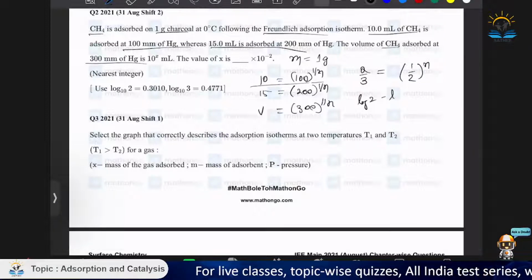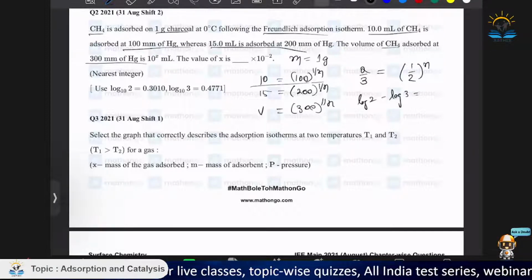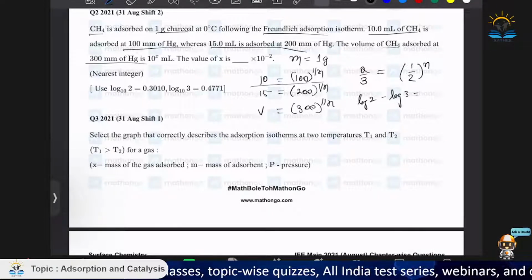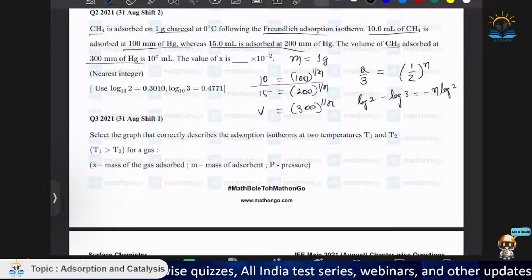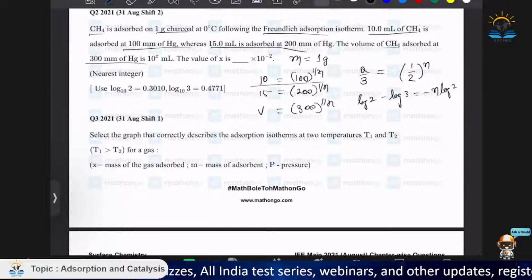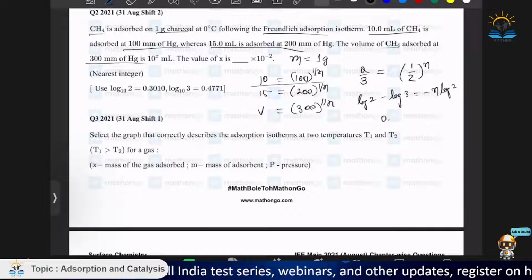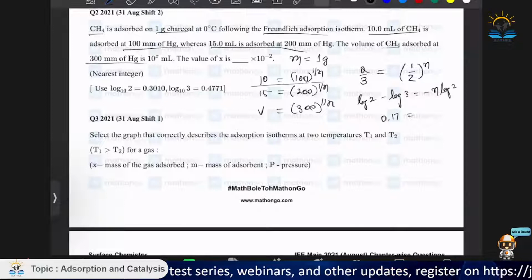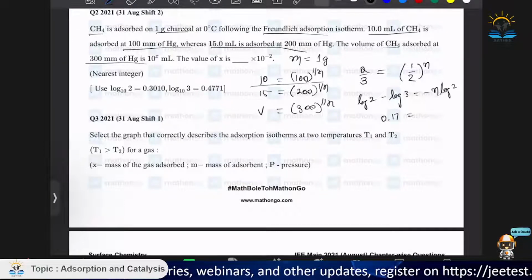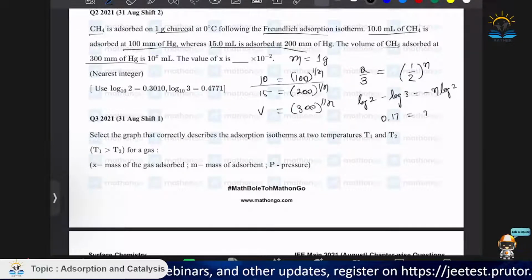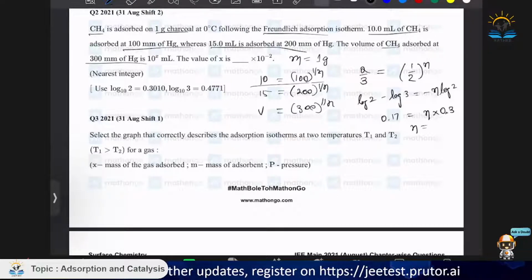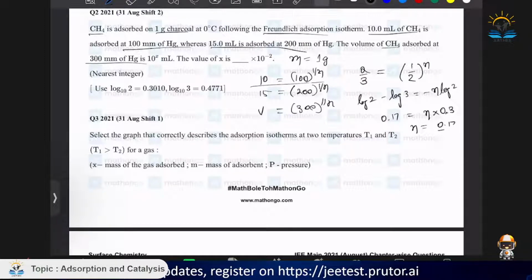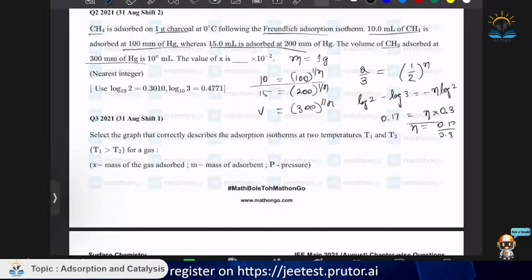Log 2 minus log 3 is equal to minus n log 2. So this will be 0.17 is equal to n into 0.3. So n is equal to 0.17 by 0.3. This is the value of n, right?